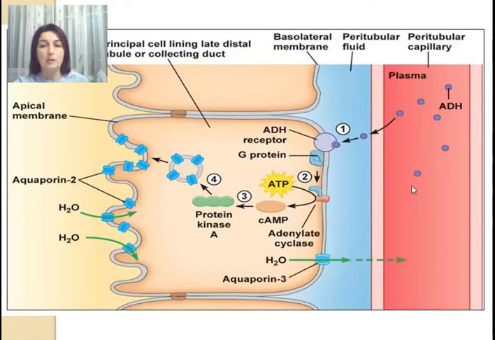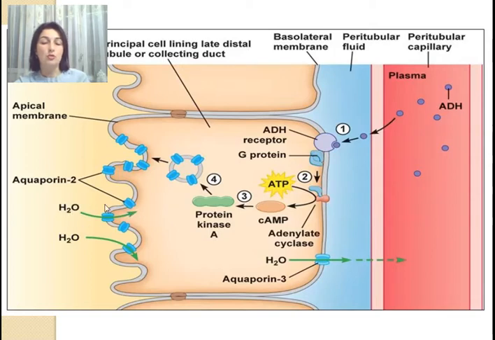ADH hormone from the blood plasma will come and attach to its receptor, and in response to that hormone, the cells will release their aquaporin channels into the cell membrane. Aquaporin 2 will be incorporated into the cell membrane and will provide absorption of the water.